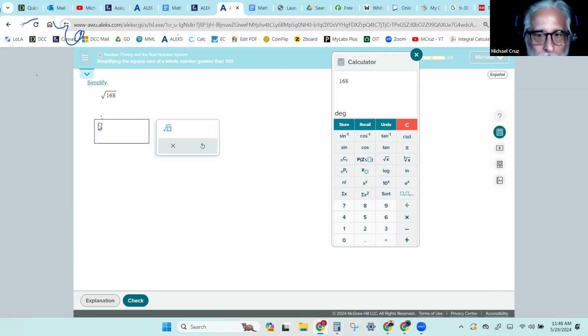Well, I'll tell you what. 168, so it's even. So 42. Okay, so it's 7 times 4. So 168 is divisible by 28. There we go. So then this is the square root of 28.